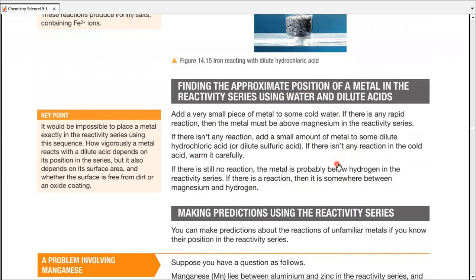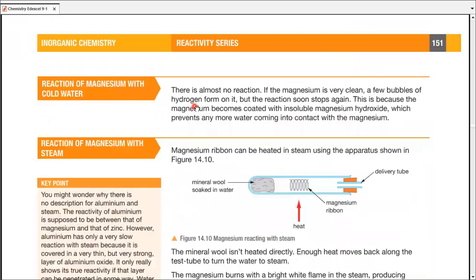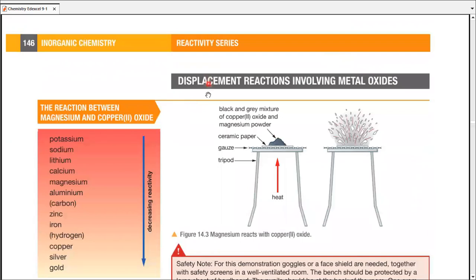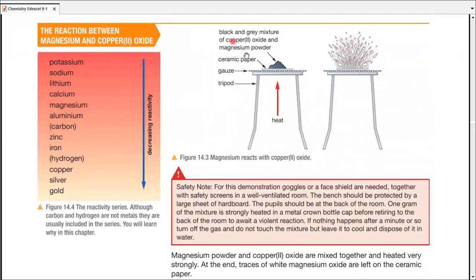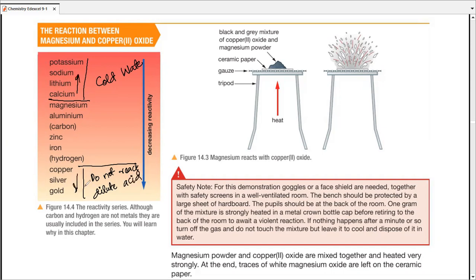So it's pretty easy, right? It's a little bit difficult when you understand it without the reactivity series, but if you have the reactivity series, it's pretty easy. All of these react with cold water. So if your unknown metal reacts with cold water, you need to put it above magnesium. These do not react with dilute acid. So if your element does not react with dilute acid, it is probably below hydrogen in the reactivity series.